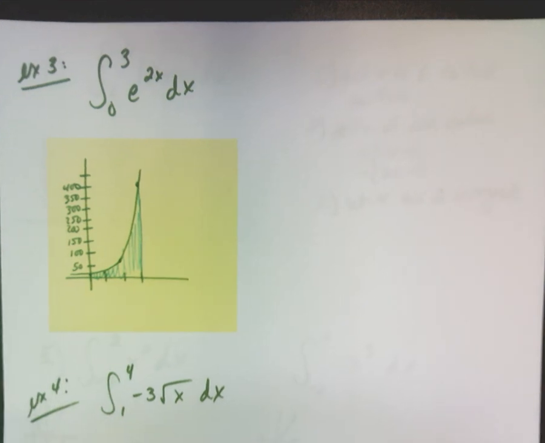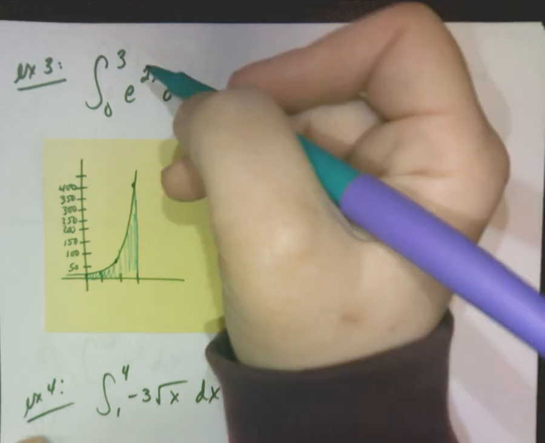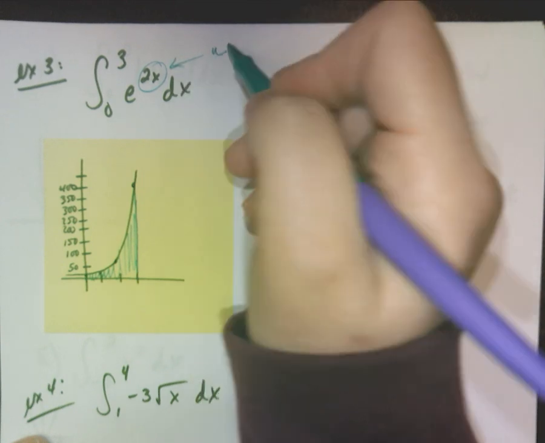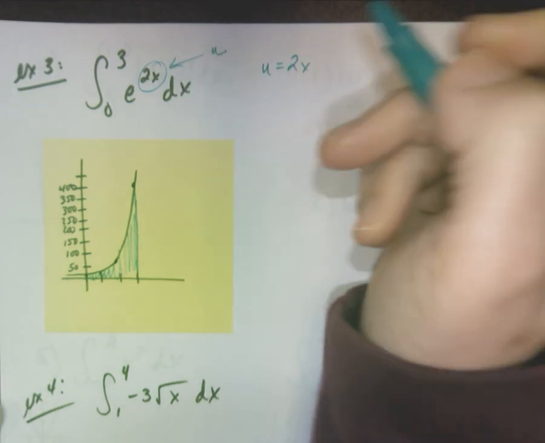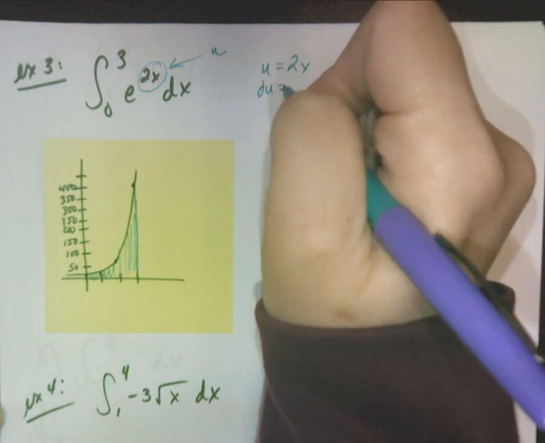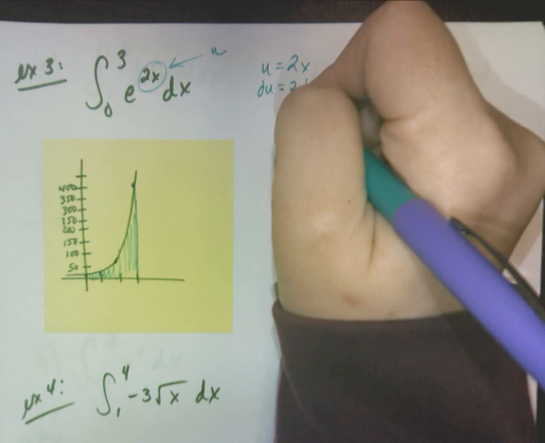And again, the fundamental theorem of calculus says just take the antiderivative of it. So we need to do this as a u because this is an e problem. So this needs to be our u. So we have to do the whole u du thing. So u is 2x. Your du would be 2 dx. I don't have a 2 dx, so I got to divide out the 2.